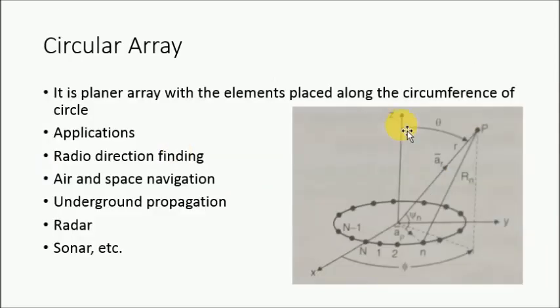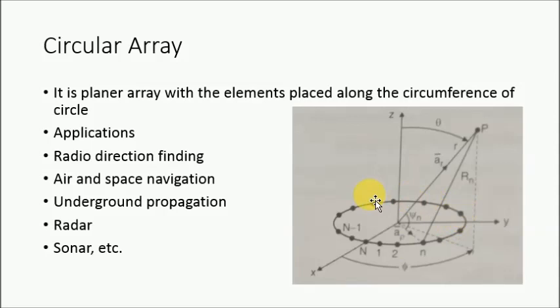In case of the circular array, it is actually a planar array, and the elements are placed along the circumference. You can observe here that an imaginary circle is there, and on that circle we have to put the array in a regular fashion.